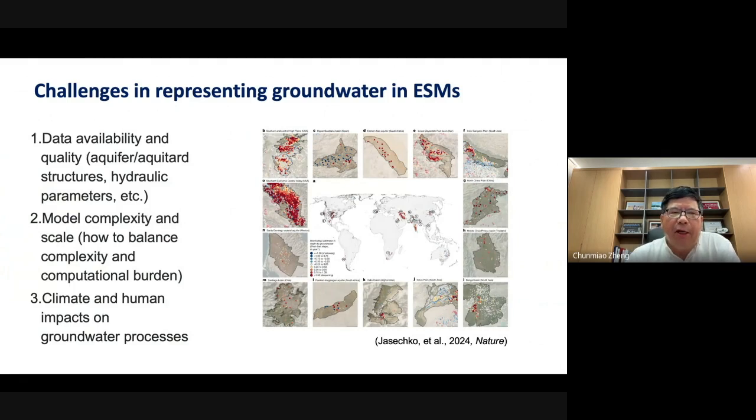Now, it's very challenging to represent groundwater in Earth system models because of the scale, and the challenge is the data availability and quality. Even in a small region or basin it is difficult. Now we are talking about global and continental, it's very difficult. There's also the model complexity and scale, how to balance the complexity and computational burden, and also the climate and human impact on groundwater processes, which need to be represented in Earth system models.